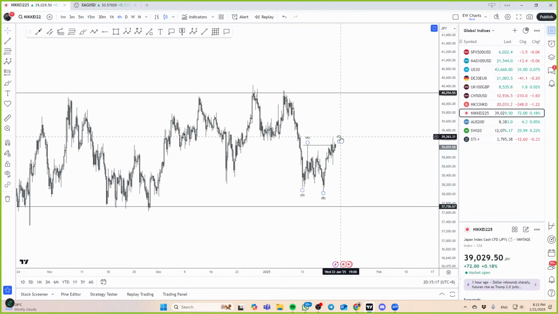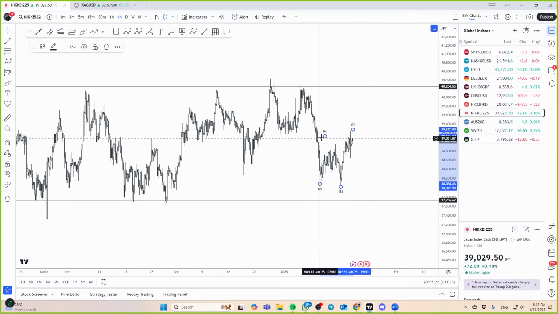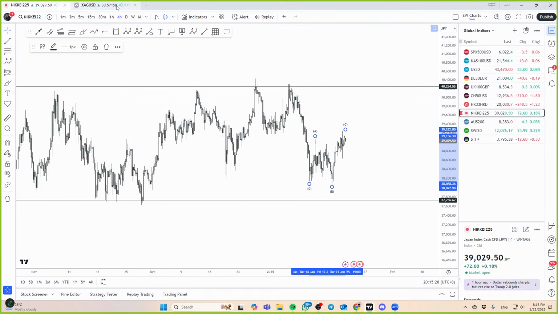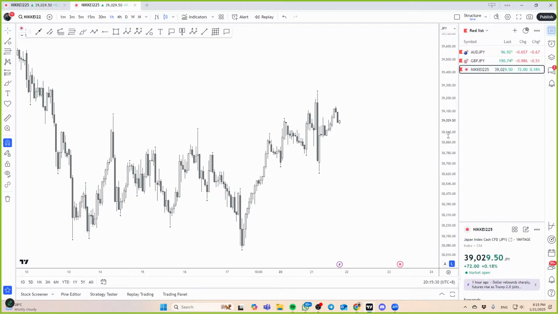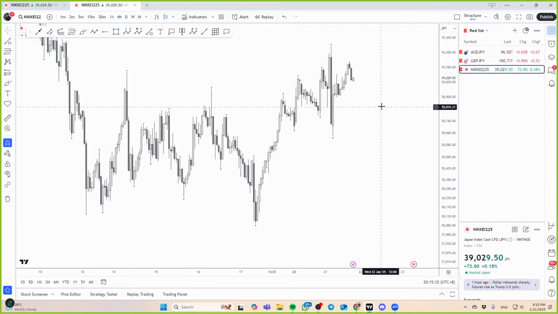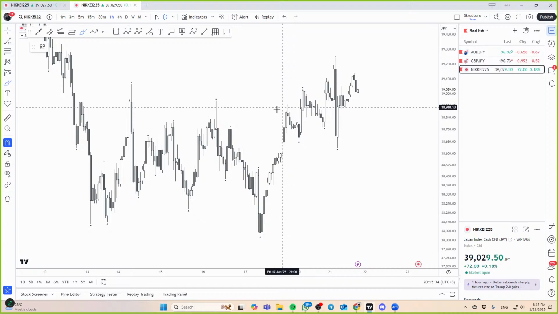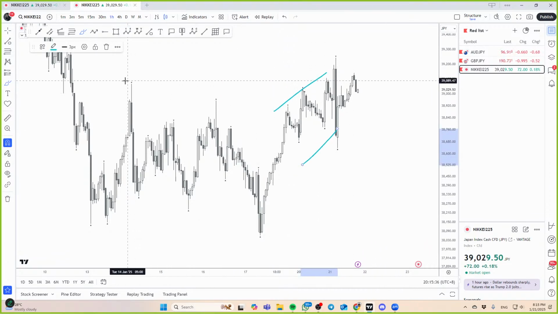This is Nikkei. Nikkei came up and there's a little bit of a break there. I think this might open up an opportunity in the near term, at least for the smaller time frame. You can see a little bit of a corrective structure here, breaking that top on the 4-hour.